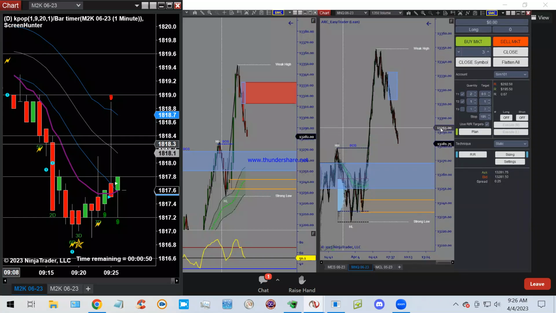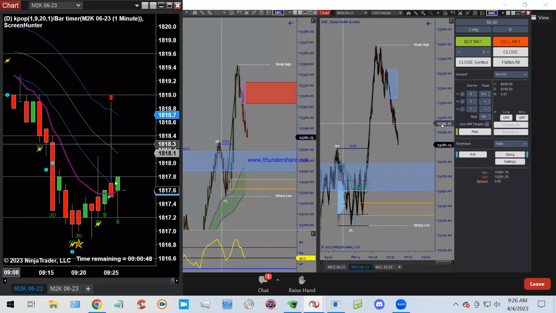Pushing back down into some support. SMC order block.